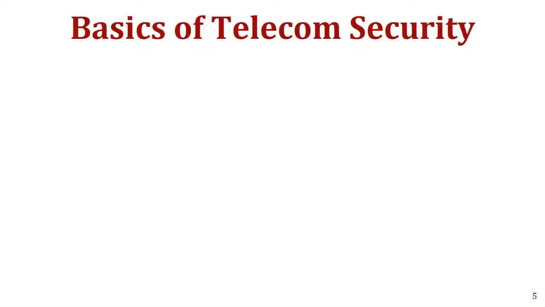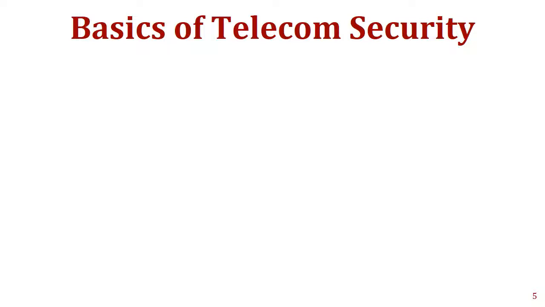Each of the different players might have different concerns for security and privacy. In the following slides, we'll discuss the difference of their concerns and what the major concerns from the different players are.